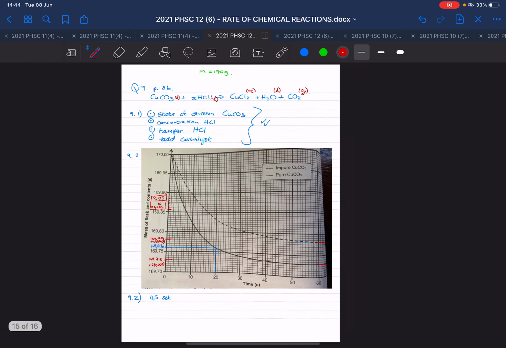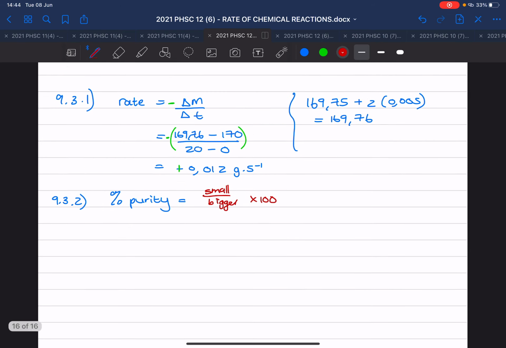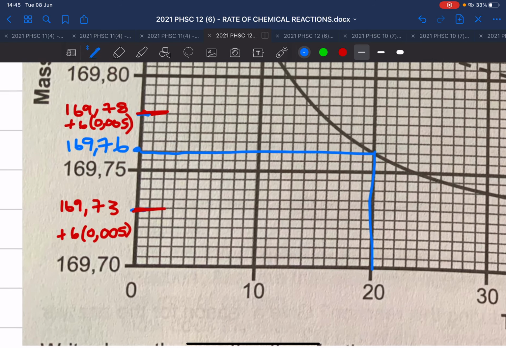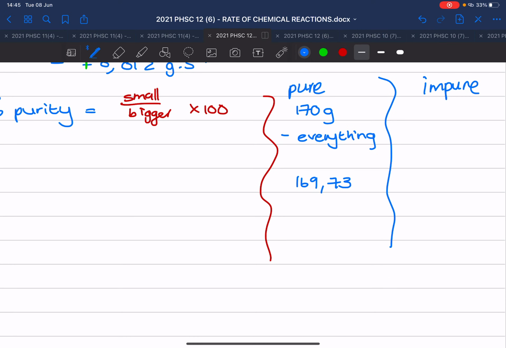So if I go back to my next page, then we can say, all right, at the beginning we have pure and we have impure substances. Okay, the pure altogether at the beginning was 170 grams. That is everything. Okay, then at the end we have 169.73.